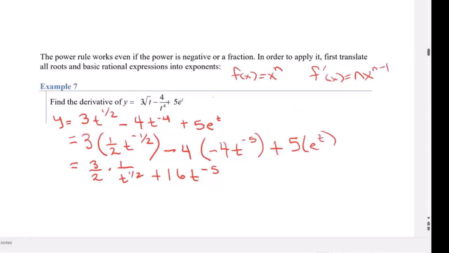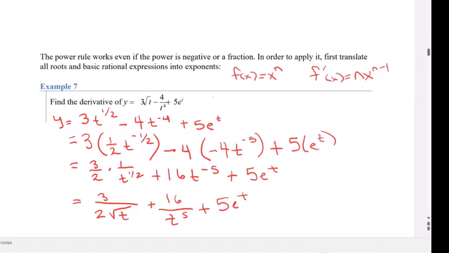And then t to the minus 5, plus 5e to the t. This is the same as 3 over 2 times the square root of t, plus 16 over t to the 5th, plus 5e to the t. And that's it. That's our answer.